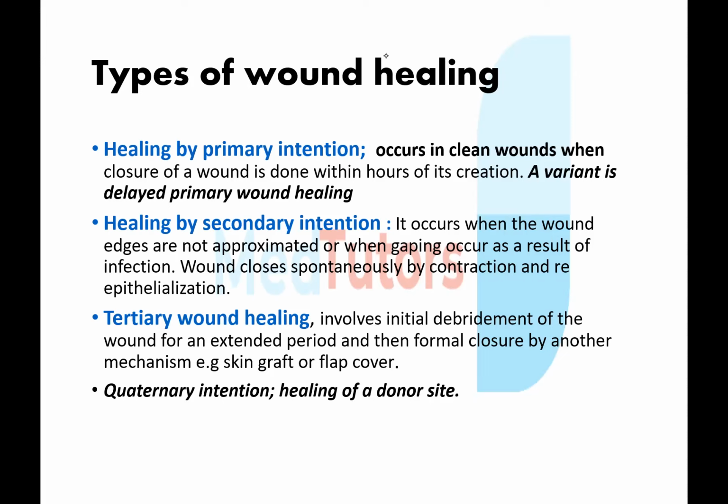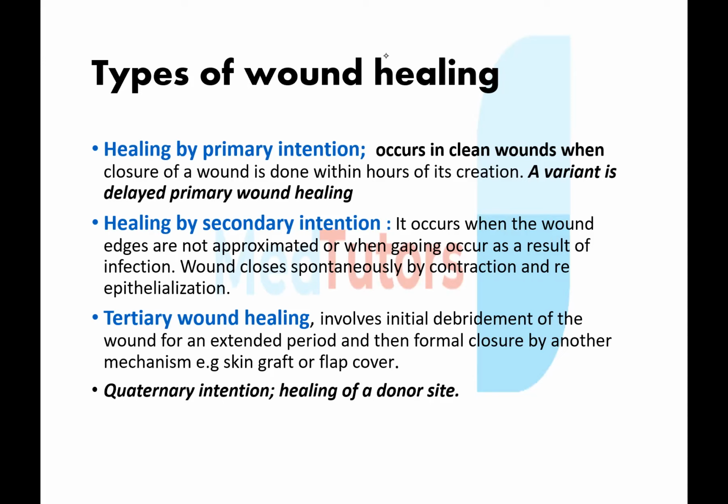While in healing by secondary intention, the edges are not approximated because of tissue loss. So it requires closure. Wound closure requires contraction. There has to be wound contraction so that they come together.